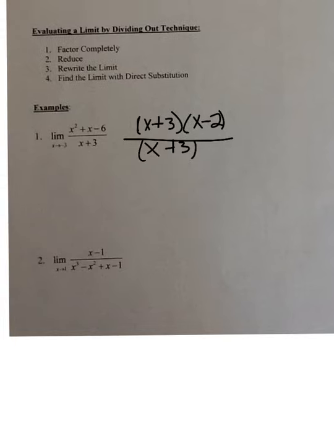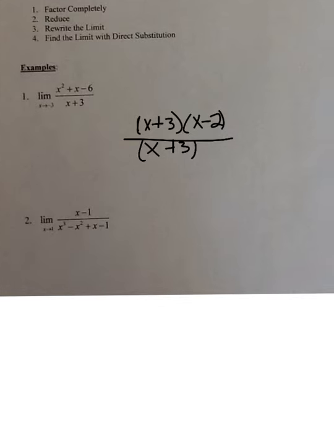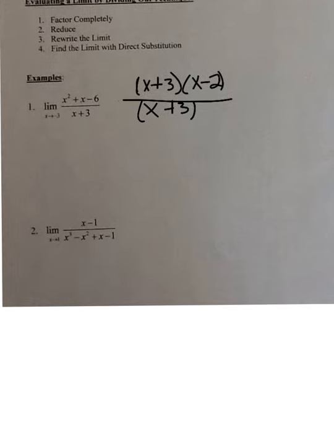You probably remember this from when we graphed rational functions. Remember when I factor and I can reduce, these reduce to 1 and 1. That means there's a hole in the graph at x equals -3. Remember doing that? So what I'm left with is x minus 2.